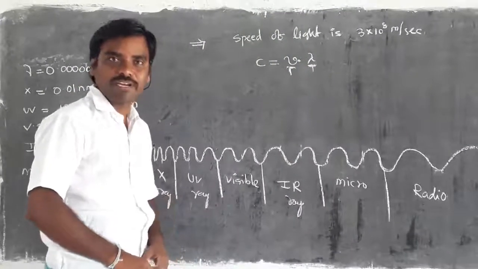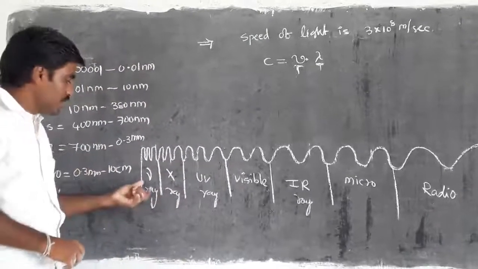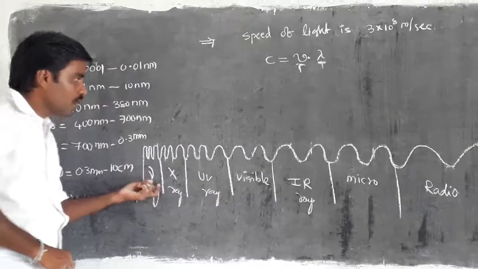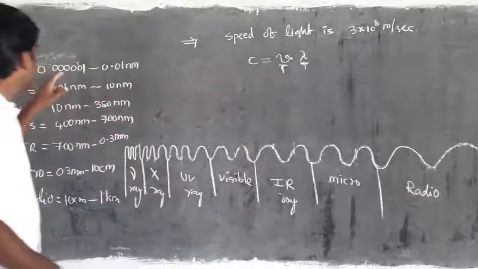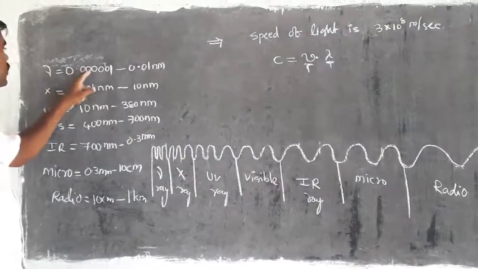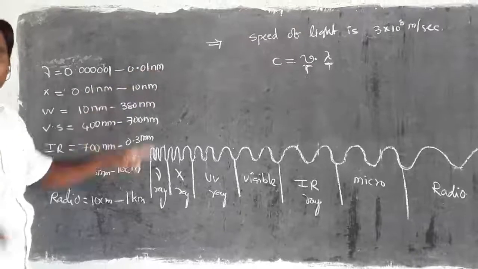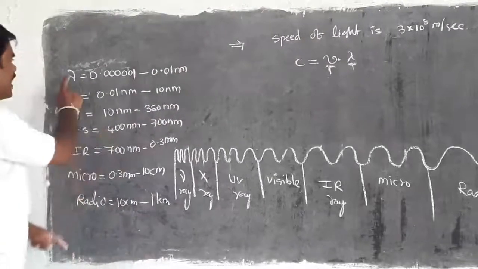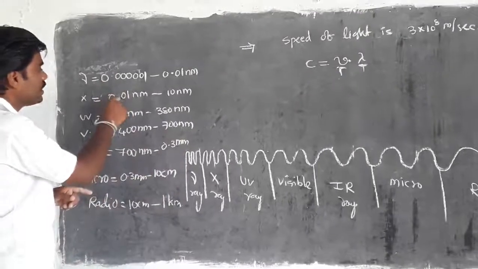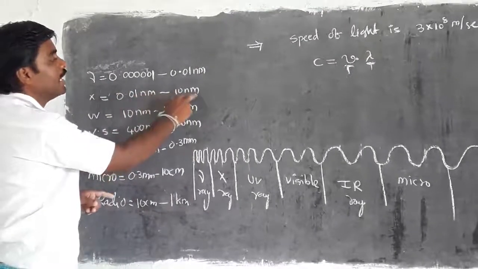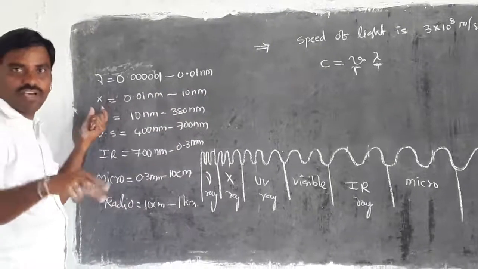In the electromagnetic spectrum we have 7 types of waves, from shortest wavelength to highest wavelength, right? If the wavelength is 0.00001 nanometers to 0.01 nanometers, the shortest wavelength is for gamma rays. Then, if the wavelength is 0.01 nanometers to 10 nanometers, that is X-rays, which we use in scanning.